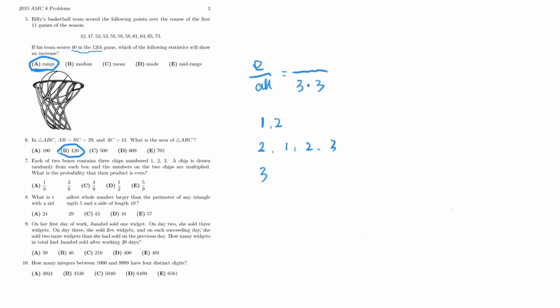If the first box gives the number 3, only the second being 2 gives us an even product. So the total is 5 cases. So the probability that the product is even is 5/9. That's answer E.